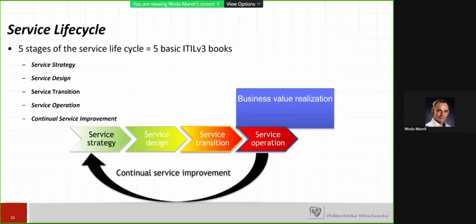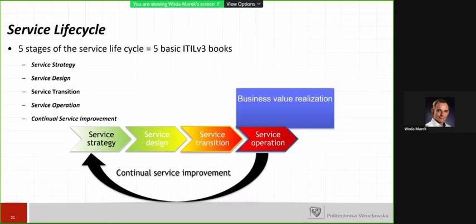Then we have to design that kind of service from scratch. So service strategy is more or less like a vision, which was described a moment ago. And then in design, we have to prepare the offering for the market, how we position ourselves, how we can advertise, how we can be more, I would say, attractive, especially if we are unknown in that kind of branch of the business.